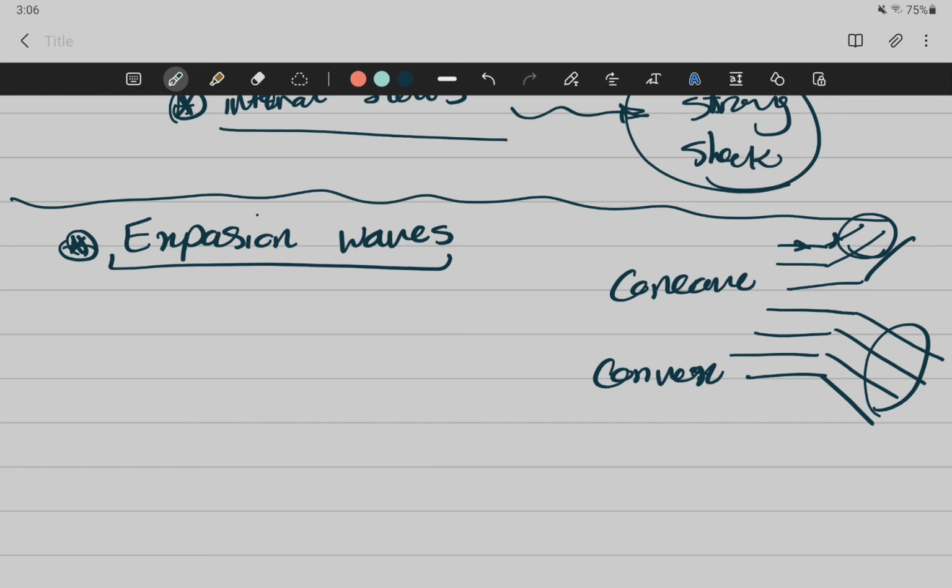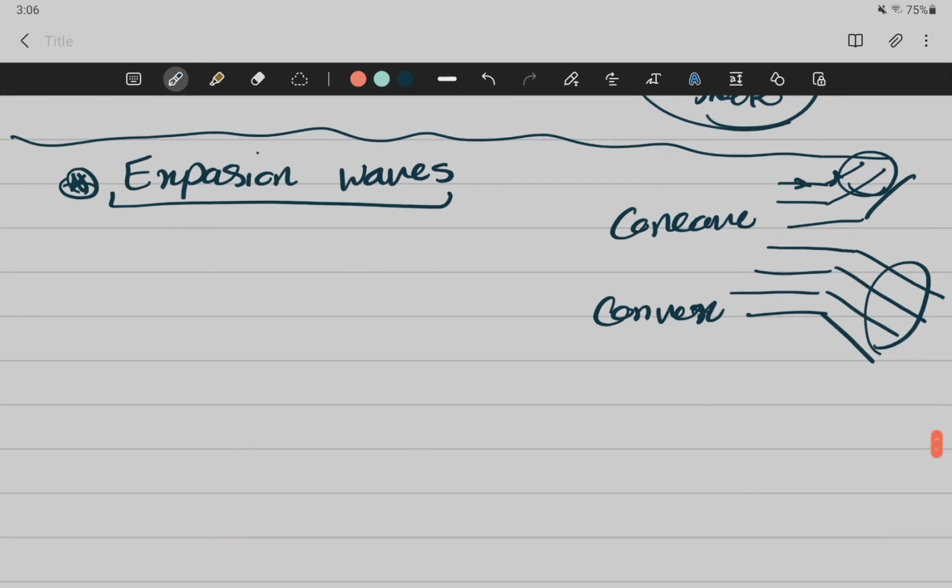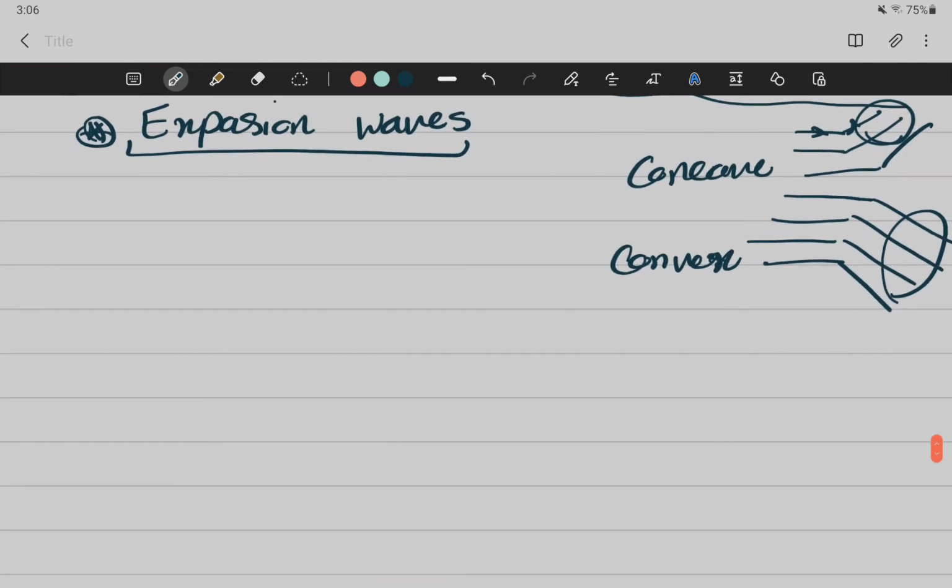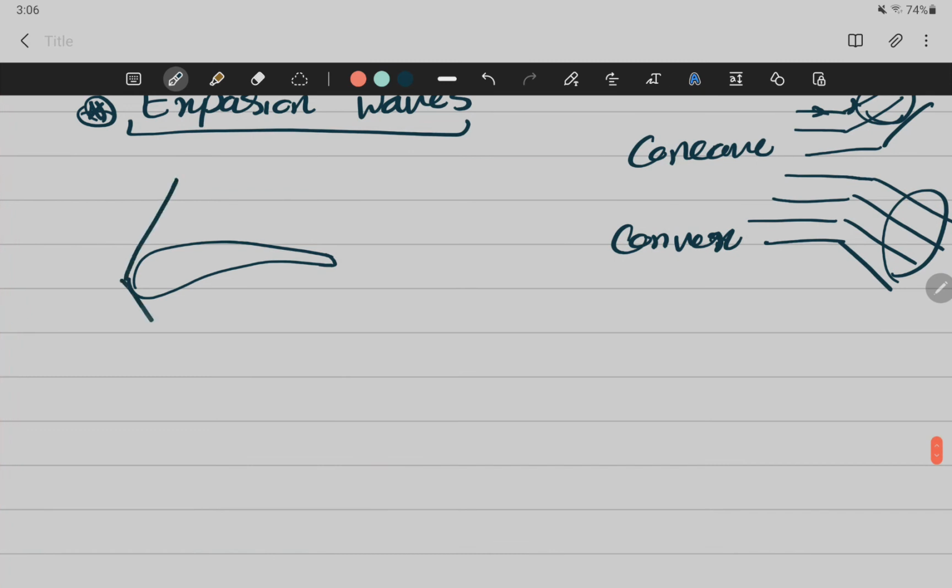Your velocity increases, right? The expansion waves are going to work in the opposite direction of the oblique shock waves or shock waves in general, right? So essentially, this is nature's response to an abrupt change. Your airfoil is moving through air at a supersonic speed. You're going to have shock waves in front of it.